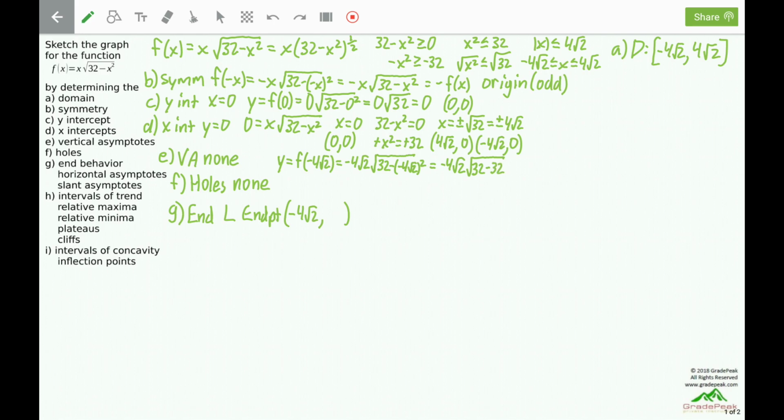So it's a positive 32 with a negative in front of it. 32 minus 32 is 0, square root of 0 is 0, 0 times anything is 0, all this will equal 0, so it has a corresponding y-coordinate of 0.